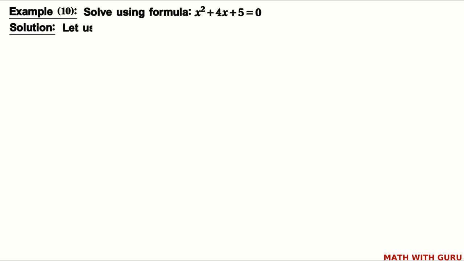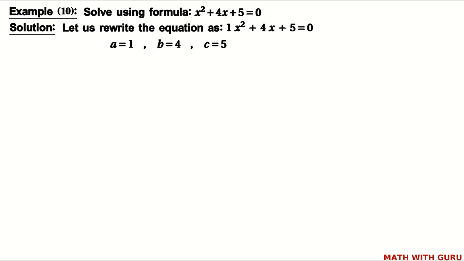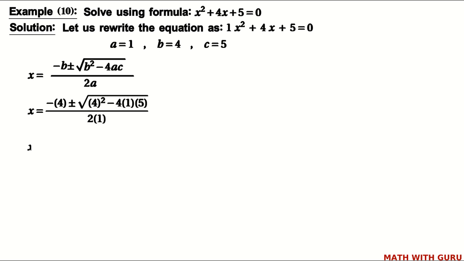Example 10. Solve using formula. Here, rewriting the equation as 1x squared plus 4x plus 5 equals 0. A is 1, B is 4, C is 5. Here is the quadratic formula. Let us substitute the values. Minus 4 plus or minus root of 16 minus 20 whole divided by 2.